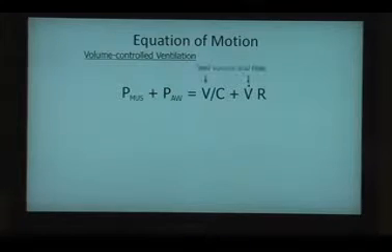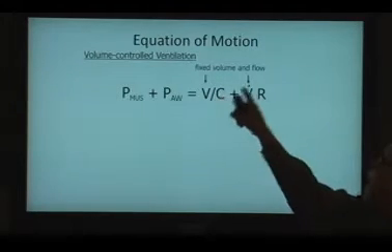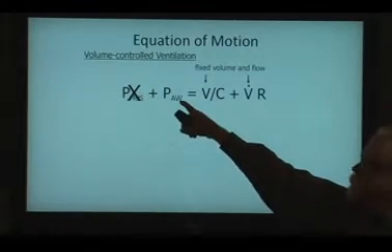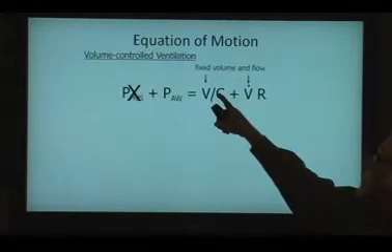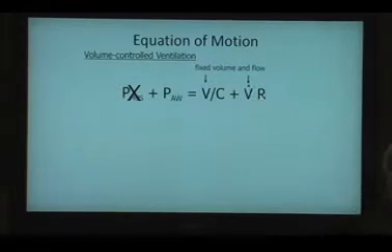So let's imagine that your patient's on volume-controlled ventilation. By definition, with volume-controlled ventilation, the volume and the flow are controlled by the ventilator. That's volume control by definition. So now if the patient is generating no inspiratory effort, the patient's paralyzed, the pressure that is required to deliver the breath will be determined by the size of the tidal volume, the compliance, the flow setting on the ventilator, and the resistance.